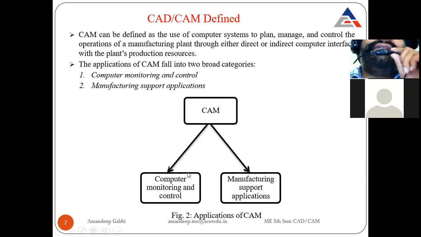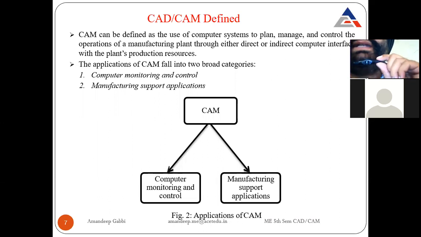Now CAM is further divided into two parts. One is computer monitoring and control. In computer monitoring and control, we give a design to the computer, saying this has to be manufactured from, say, 1 centimeter to 5 centimeters, and the diameter should be, say, 30 mm.